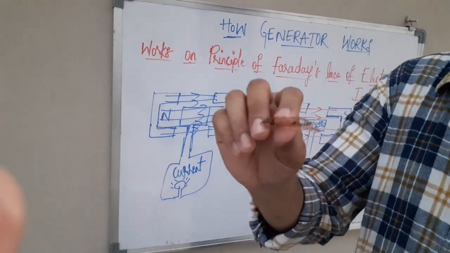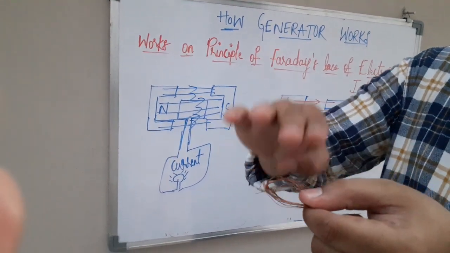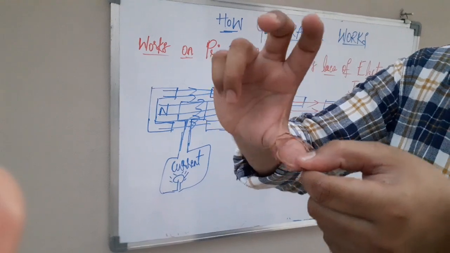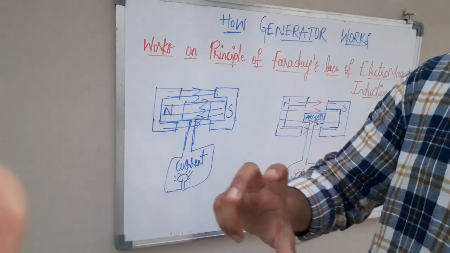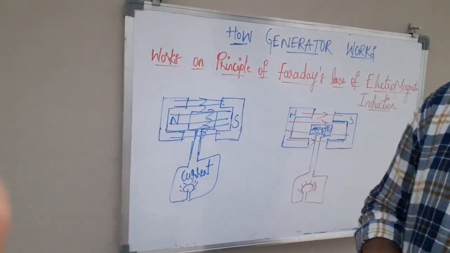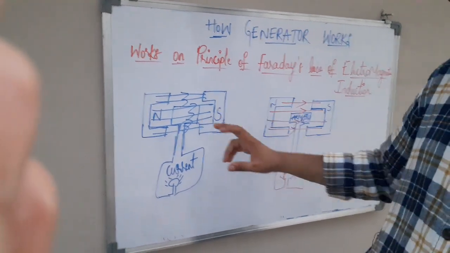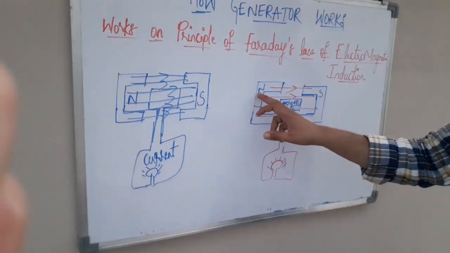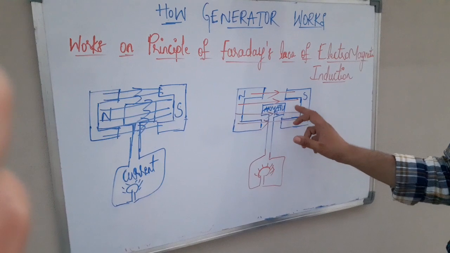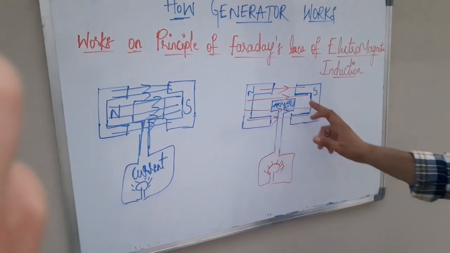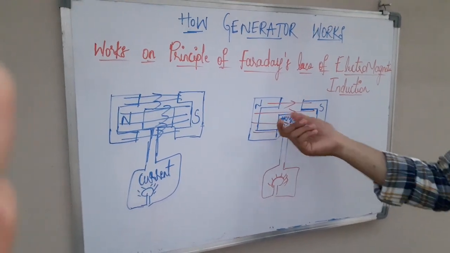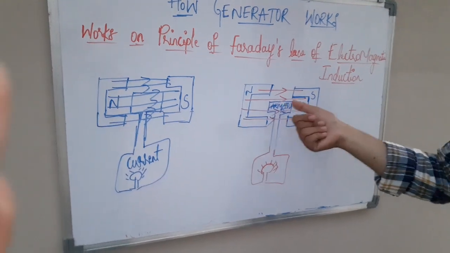If you place such copper wires one on another and make it a big size one, then it is called an armature. Here in the generator there will be two strong magnets. These two strong magnets will create a strong magnetic field between them.